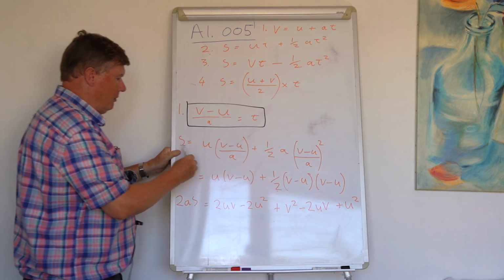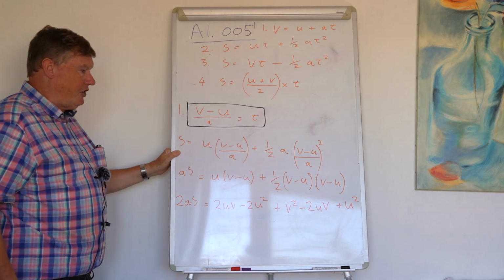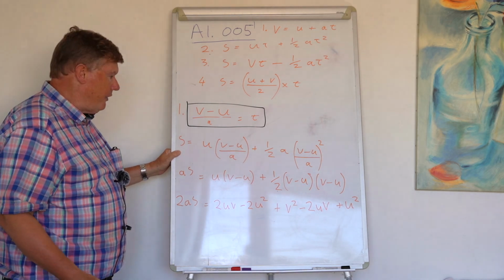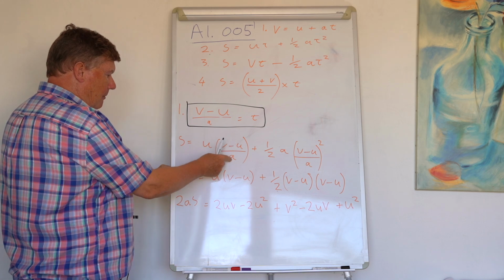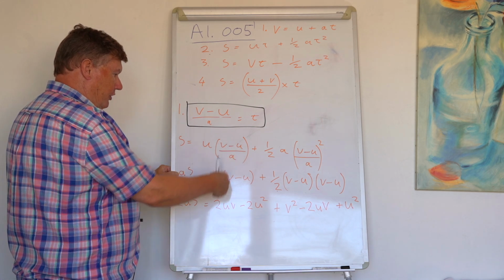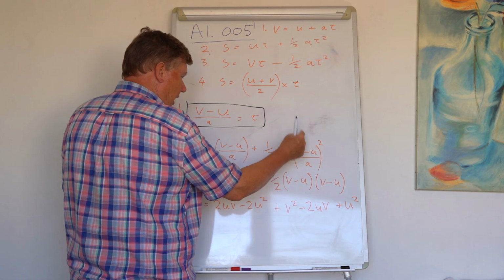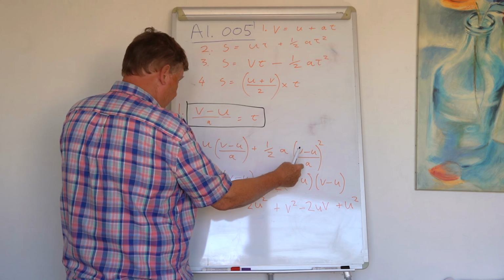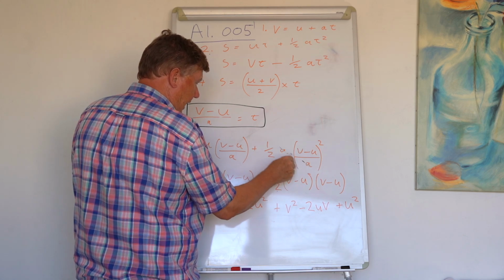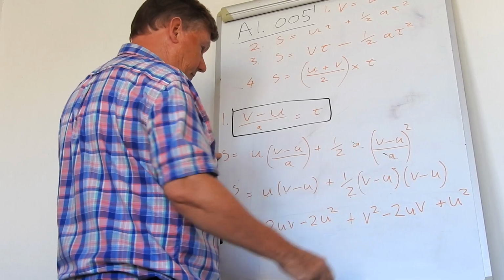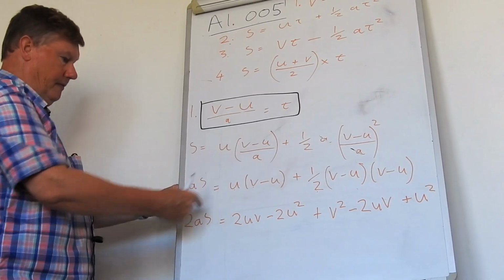So that's your starting position. The next thing we're going to do is multiply everything by a. If I multiply this side by a, it cancels off. I multiply this side by a, goes to there, and the second a cancels off there because I've got an a and an a squared on the bottom. And you end up with this position.